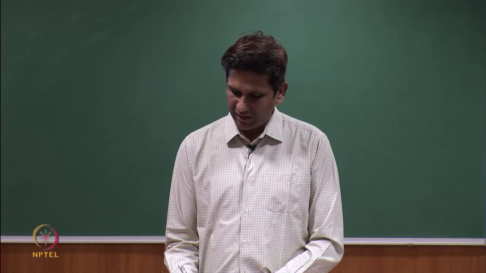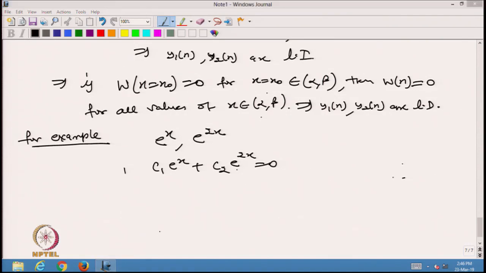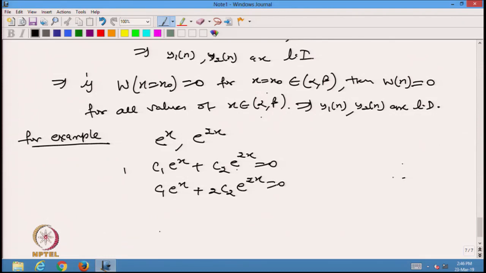So I take the linear combination C1 e^x plus C2 e^(2x) equal to 0, and then I take the derivative because they are differentiable functions. So I take C1 e^x plus 2 C2 e^(2x) equal to 0.